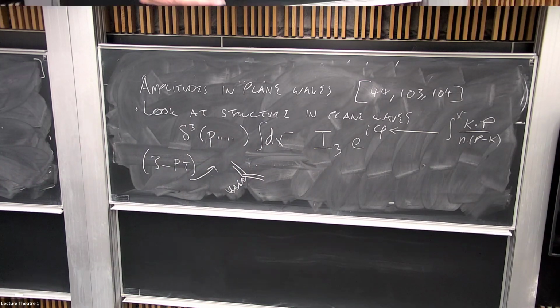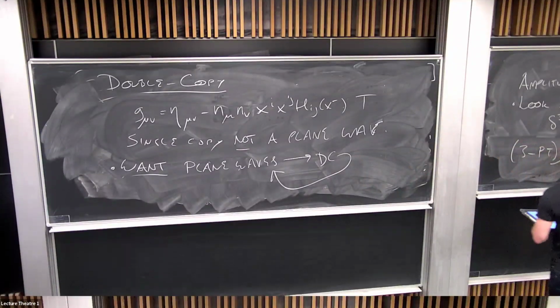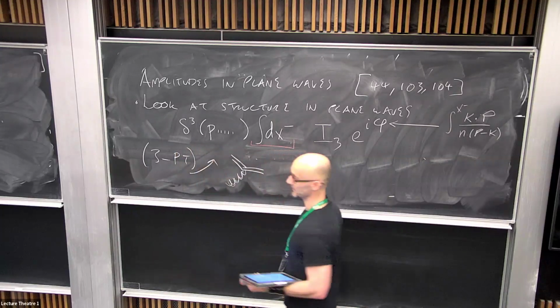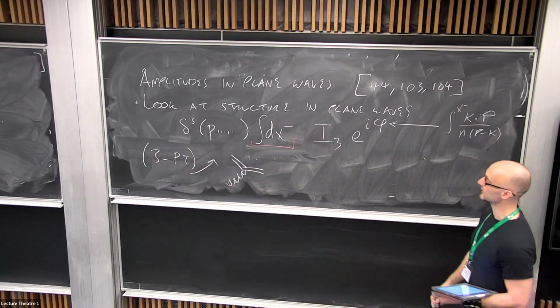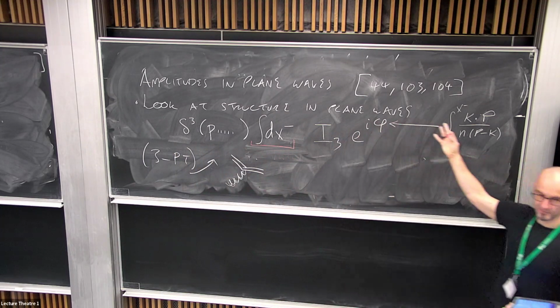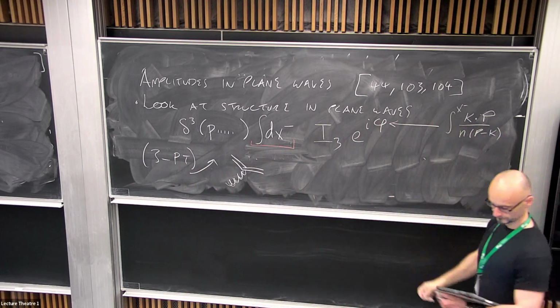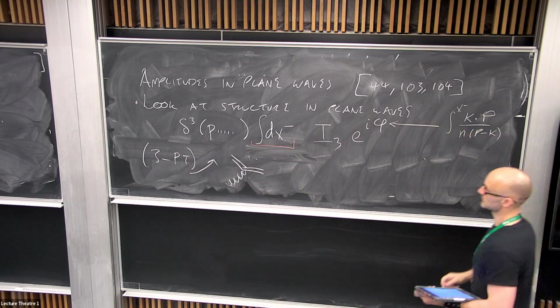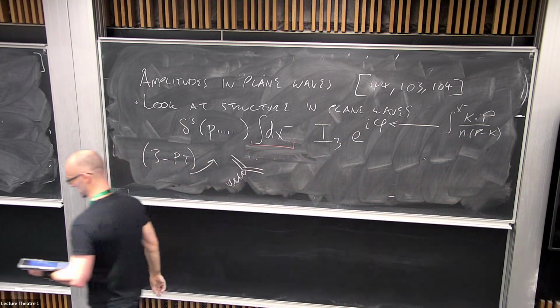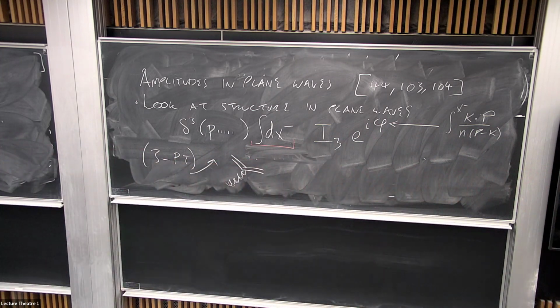That missing delta function would come from being able to do that integral, but we can't because this thing is some complicated function of x minus. Right? So what do we do instead?